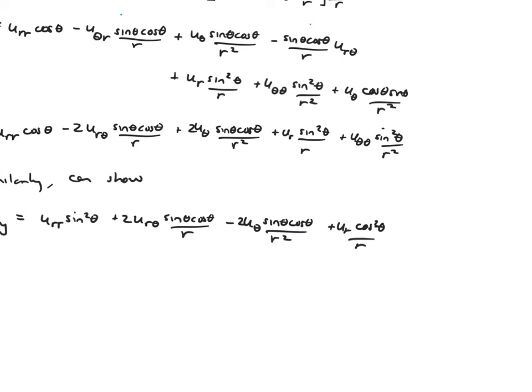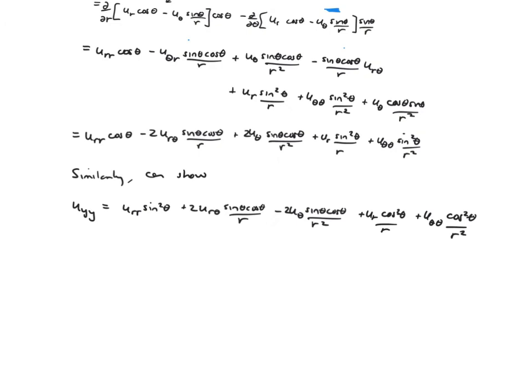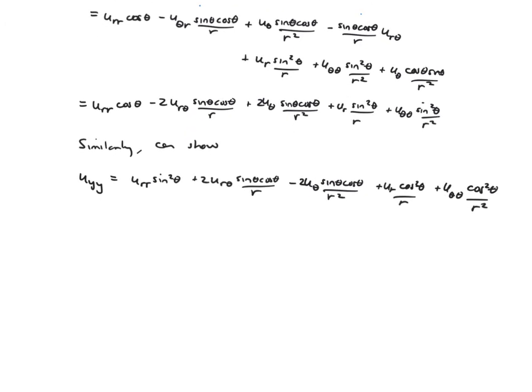Well, that's not canceling. And then we have a u sub theta theta cos squared theta over r squared. So right now I'm seeing some definite cancellation. I'm seeing some sine squareds and cos squareds. And so, yeah, maybe we'll get somewhere.